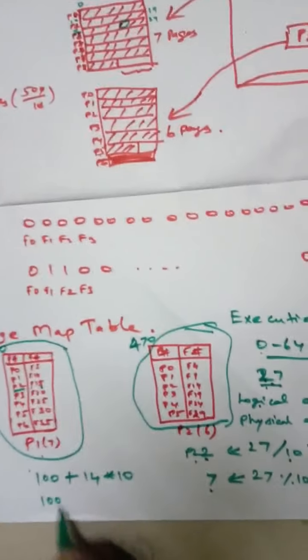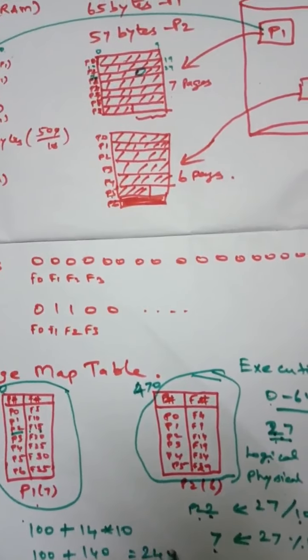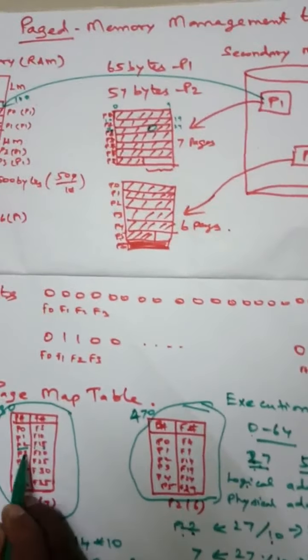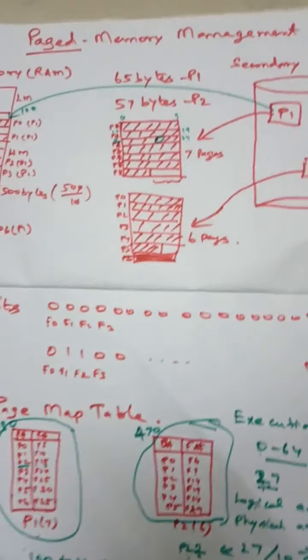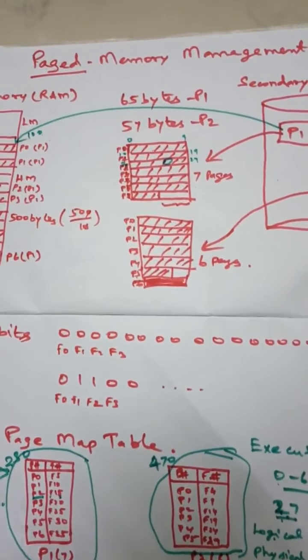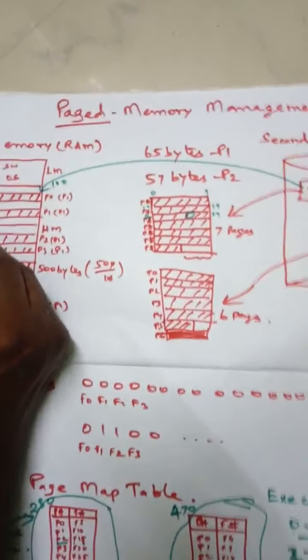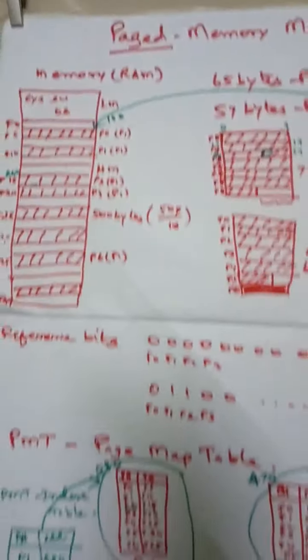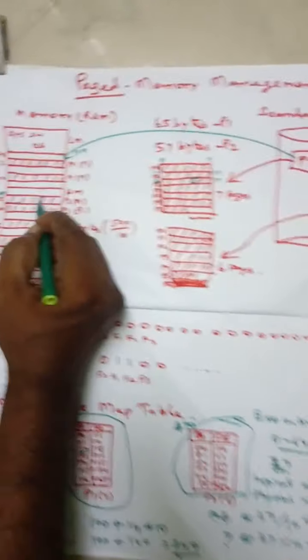So the starting location of frame 15 is 240. In frame 15, page 2 of program 1 is available. So this is frame 15, its starting address is 240. Here this program is available, and the instruction is available here, at the 7th location.